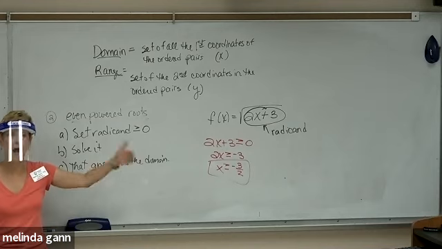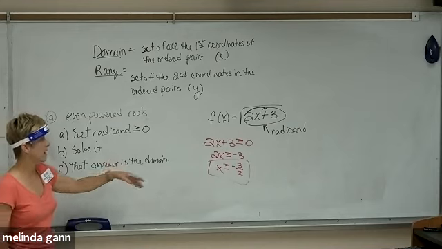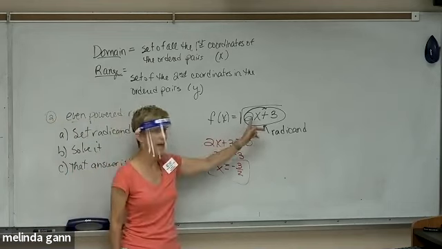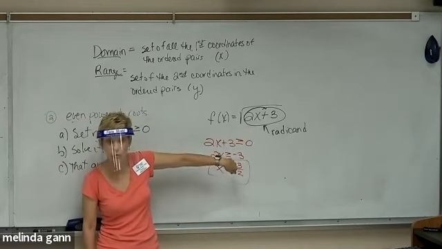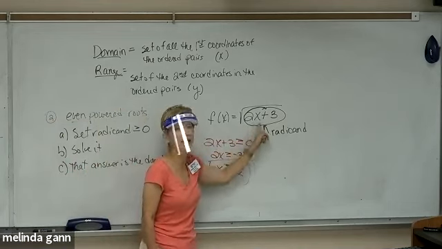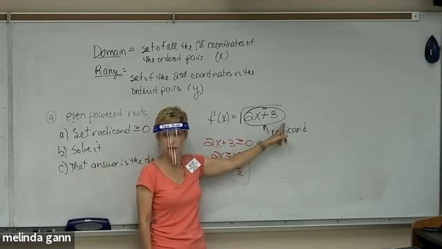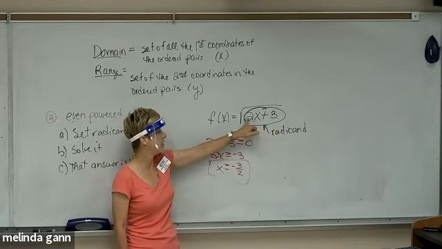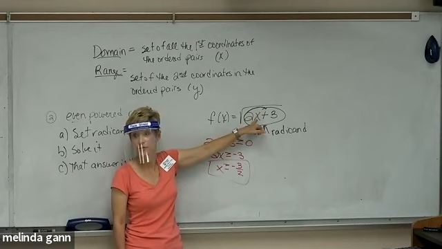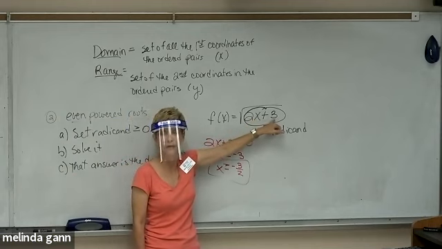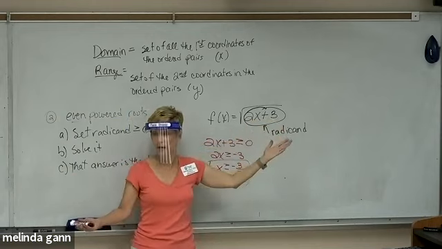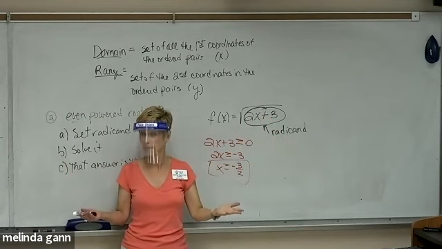Bigger. Anything to the right? Everybody with me? So even if I put it, you don't tell me x can't be negative. X can be negative in this one. This whole thing can't be negative. If I were to put a negative 1 in there, 2 times negative 1 is negative 2. What's negative 2 plus 3 though? 1. And the square root of 1, don't you get an answer?